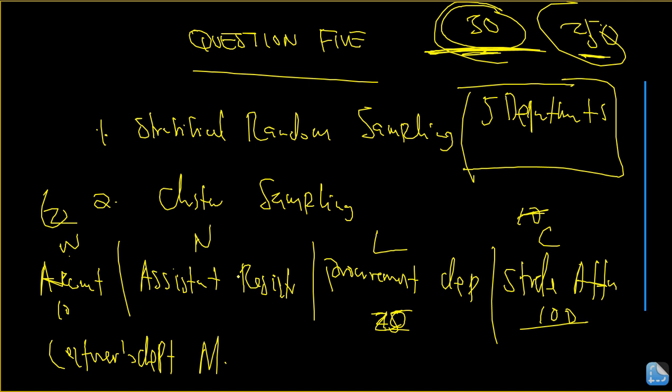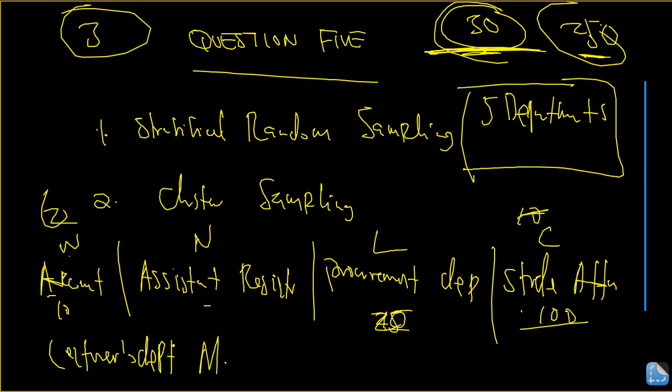Now, if you have been requested to do cluster sampling, what you do is you are going to sample not within each of these departments. You are going to sample the entire department. So let's say, for example, you need a sample size of 3 departments. You can use random sampling to sample your 3 departments.